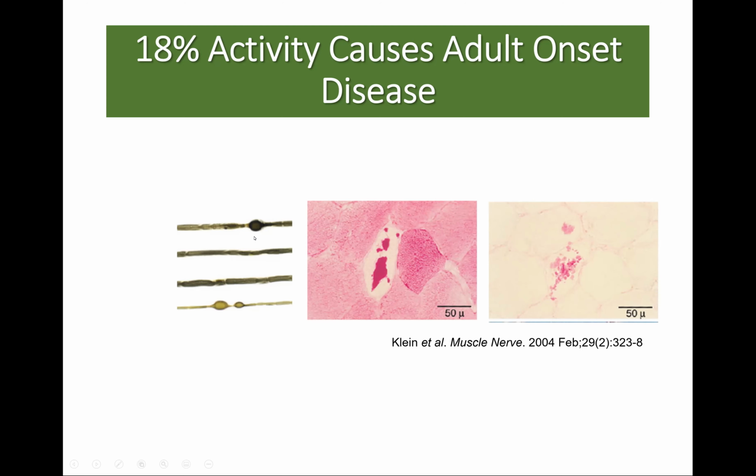As you see, the polyglucosan body accumulates in the neurons and blocks the signal transduction. And in the muscle, you see here the polyglucosan precipitates. Those muscle fibers that have this polyglucosan, of course, cannot obtain enough energy to contract when they need it.